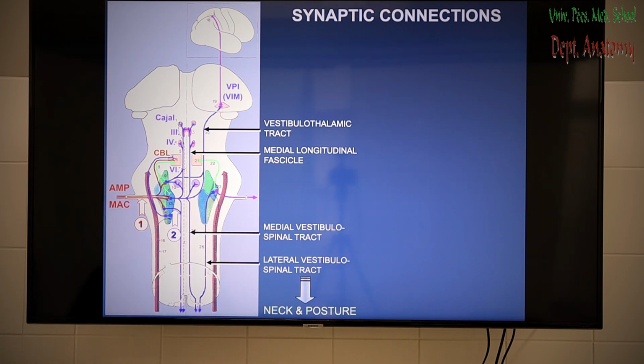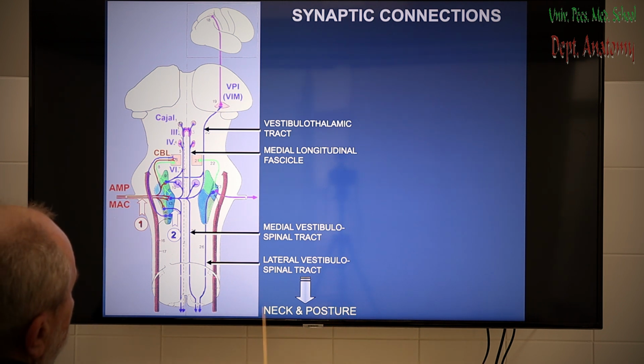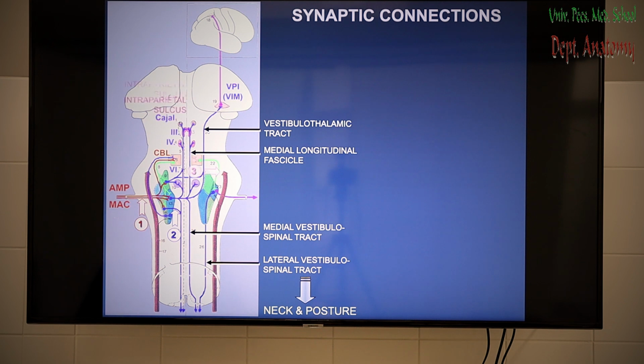And from here, the third order neuron should originate, but the second order neurons, the blue ones, are the ones whose axons go down in the previously mentioned tracts to influence neck movements, neck position, and the posture of the body related to the actual vestibular information.